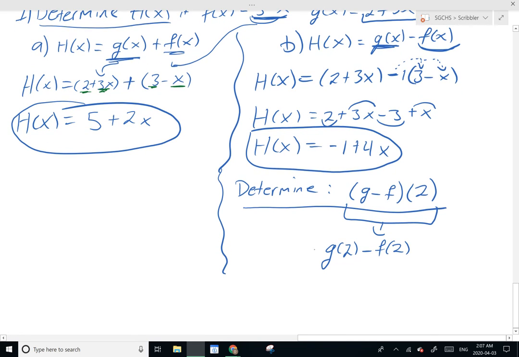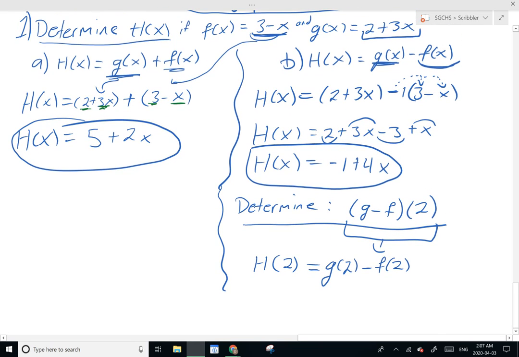So recognize that this also equals h at 2. Let's do it one way on the left-hand side and another way on the right-hand side. Let's use the h of x equation we got here and plug in 2: negative 1 plus 4 times 2, which is negative 1 plus 8, giving positive 7.